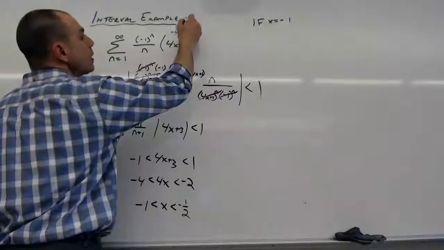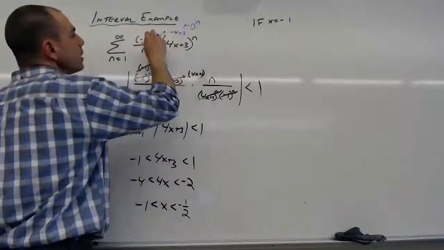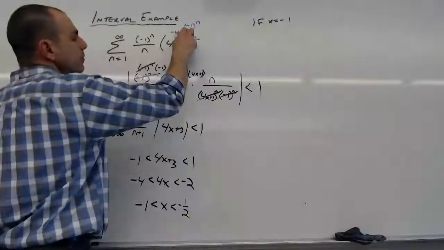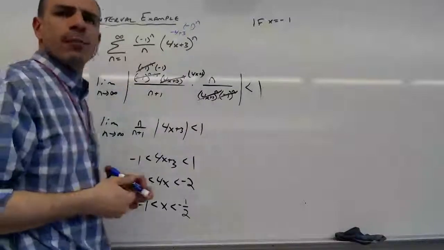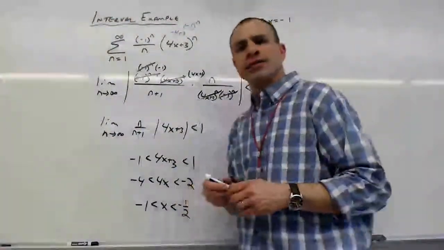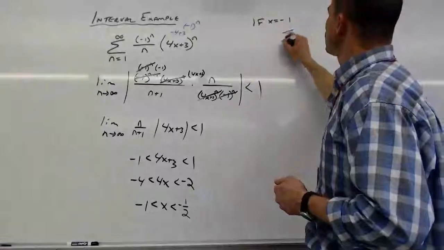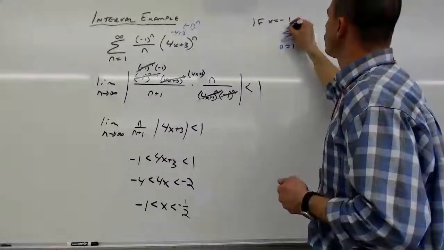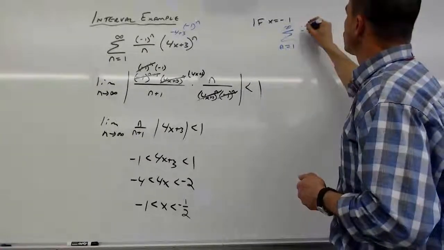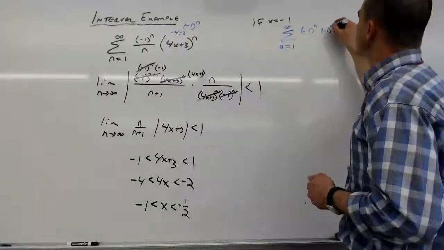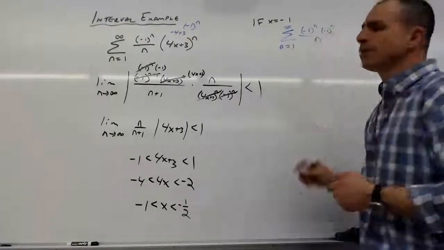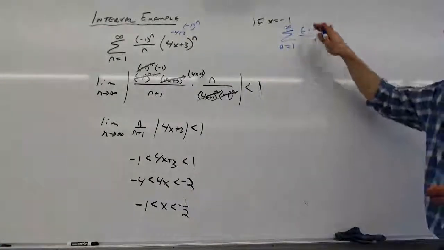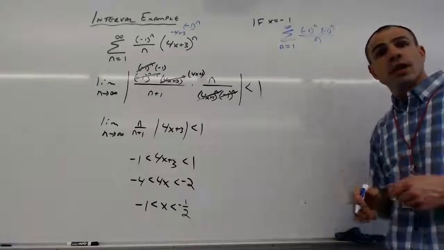So we have negative 1 to the nth power times negative 1 to the nth power. What happens if we have that? Let's do this again. We have the sum as n goes from 1 to infinity of negative 1 to the nth times negative 1 to the nth over n. Well, technically we have the same base, so we can add our exponents.